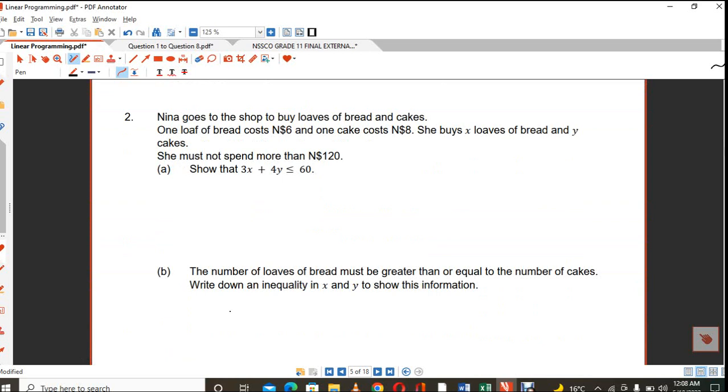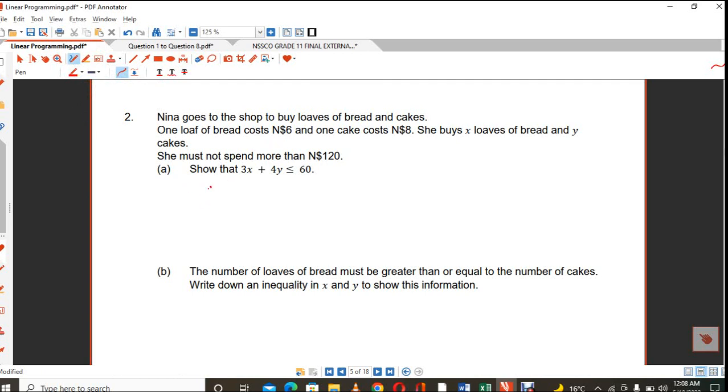All right. Question 2. Nina goes to a shop to buy loaves of bread and cakes. One loaf of bread costs $6, and one cake costs $8. She buys x loaves of bread and y cakes. She must not spend more than 120. So what do we know?